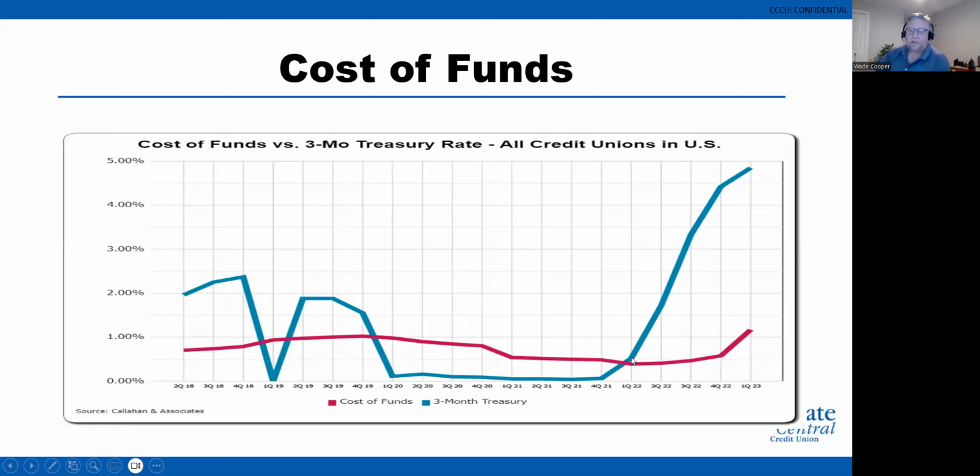But if rates go up 100 basis points, your cost of funds can't automatically go up 100 basis points, because that'd be an awful big squeeze on you, with loans sitting back. Just because rates go up 100 points doesn't mean you're going to raise your members' shares up 100 points. You may move them up a little bit, and that's starting to happen, and you can see that there was a bit of a lag there.